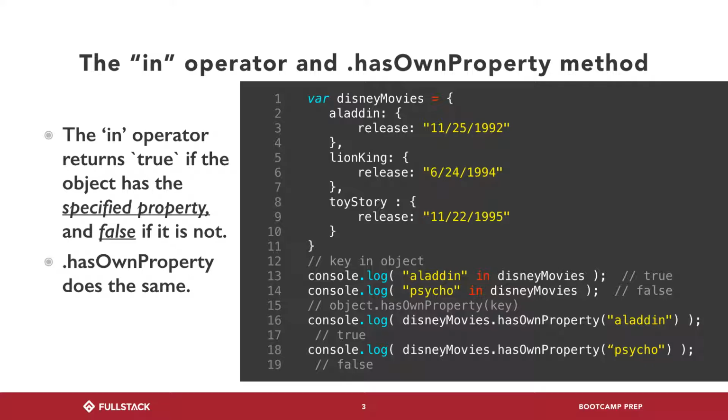Oh, I'm sorry, I jumped forward a little bit. One really quick thing, what in does is give you back a boolean, and in is shorthand for has own property. So in the example here we have Aladdin in Disney movies.